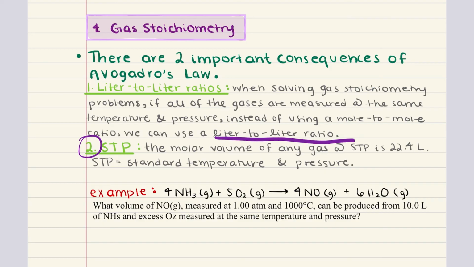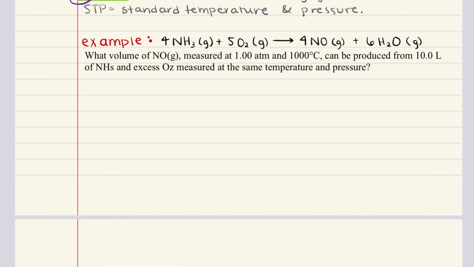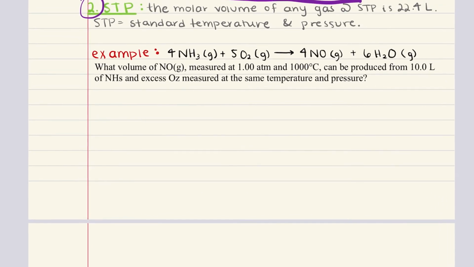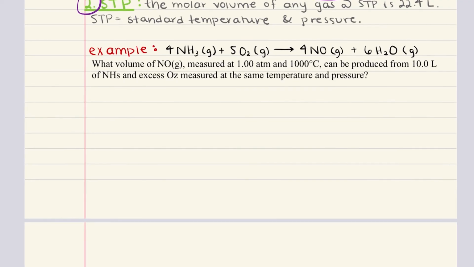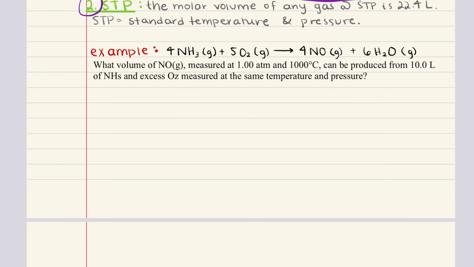Now, in addition to other stoichiometry tips we've learned, like mole-to-mole ratios, these tips are going to help us solve different kinds of problems. We're going to jump into one to make sure that we understand this. This problem says, consider the first step in the industrial production of nitric acid.